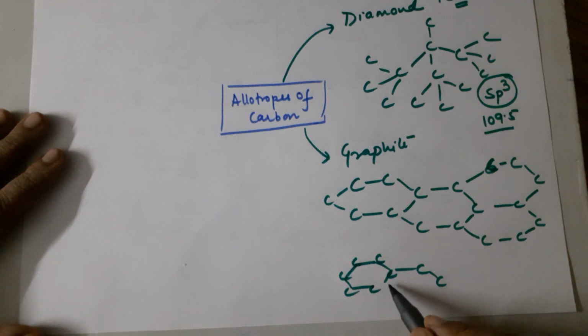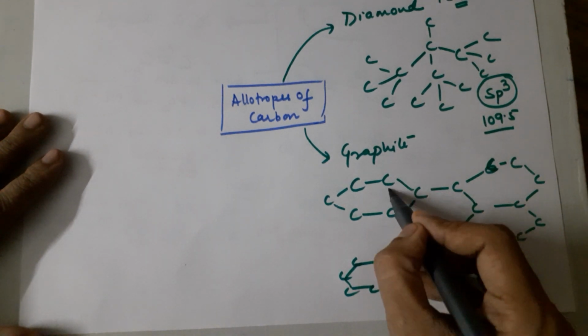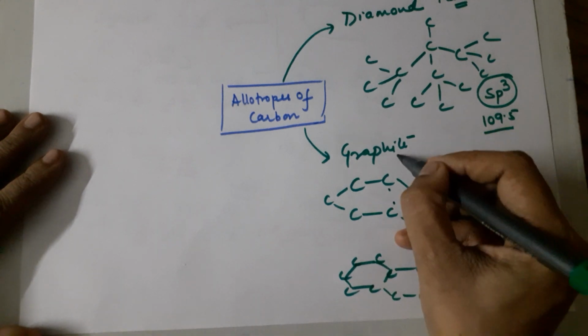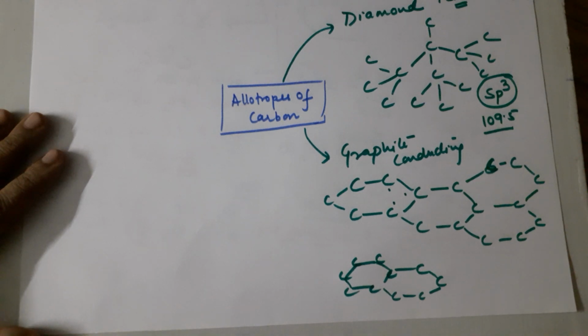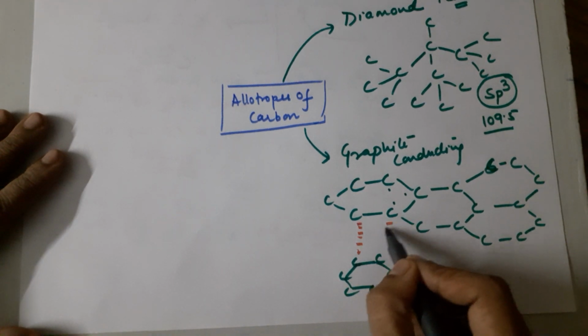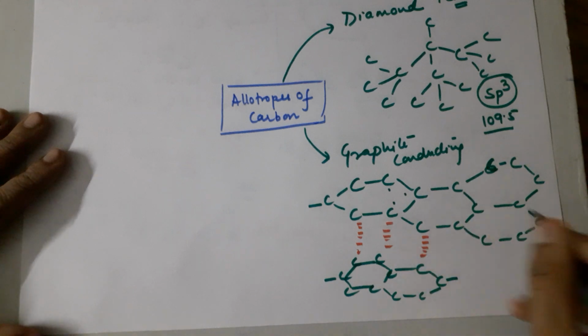And since it has only 3 bonds, there is 1 electron free between the layers, and this free electron makes it conducting. And there is a presence of van der Waals force of attraction between the layers. Of course, these bonds are also free at the ends. At the ends, you again have free bonds, which makes it again reactive.